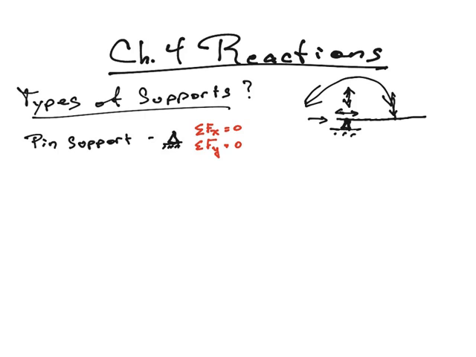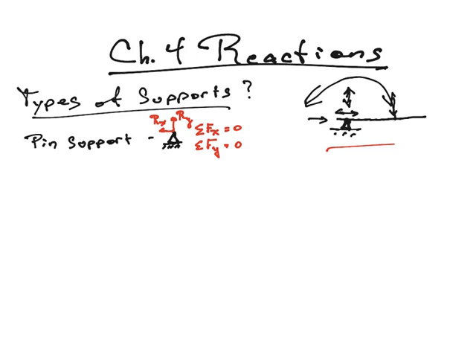So you can rotate, but you can't move the bar left or right. You can't move the bar up and down. So that's what a pin support does. That means if it's supported by a pin, there will be a reaction in the x direction, and a reaction in the y direction.